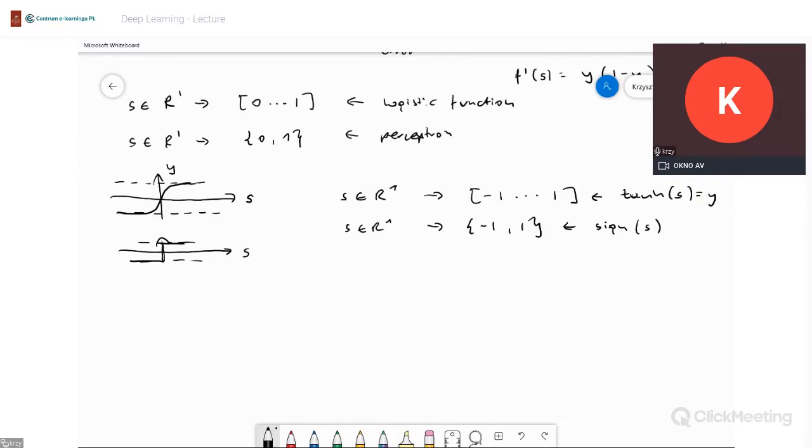Obviously, in the second case, when I'm talking about bipolar values, the difference is that now I have bipolar output values of neurons, and here I had unipolar, so it was just positive numbers. Bipolar values are not physically feasible.